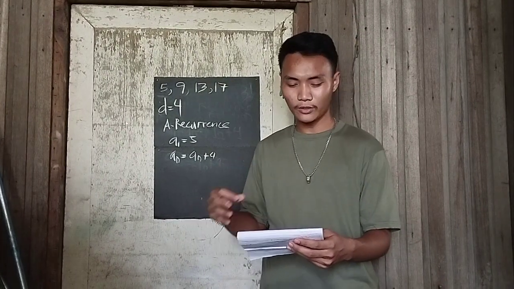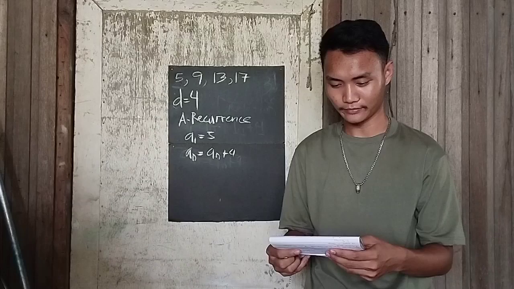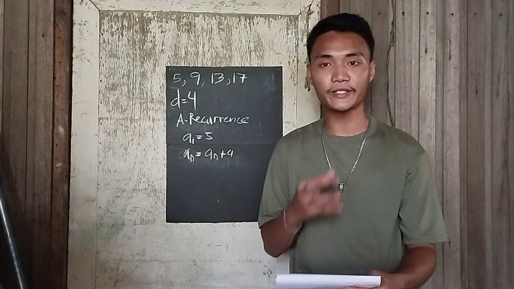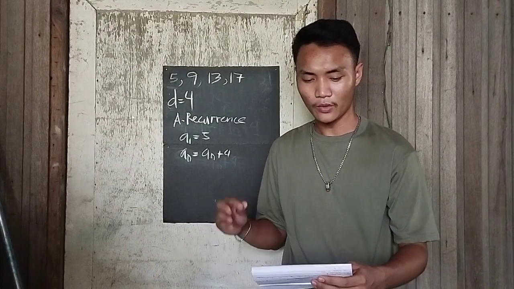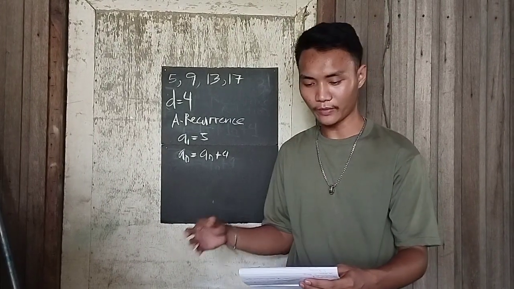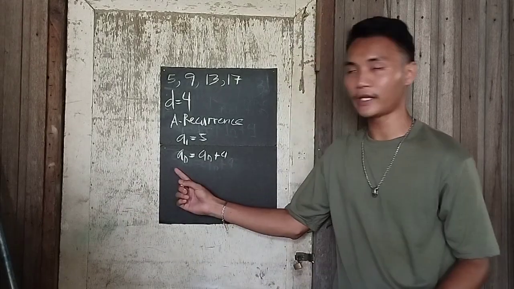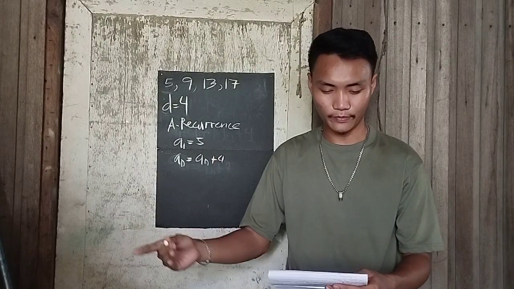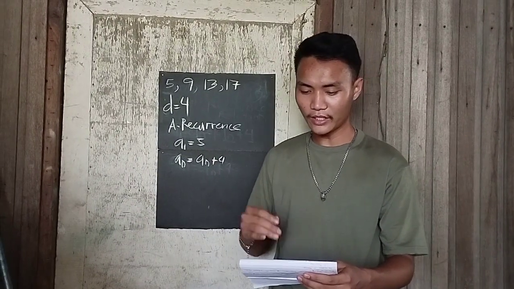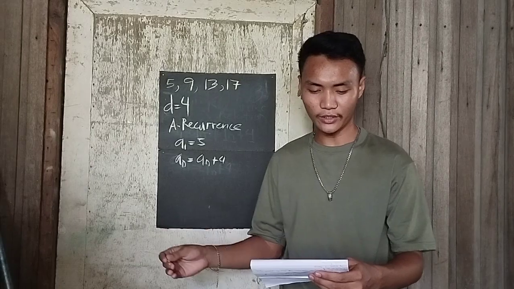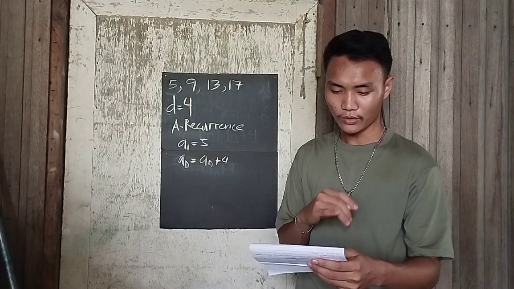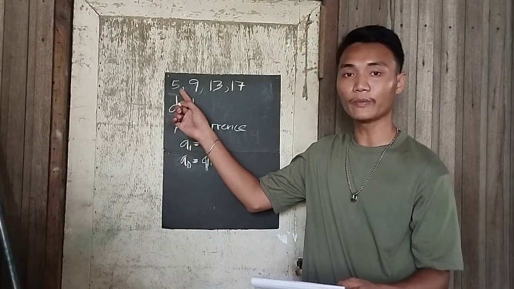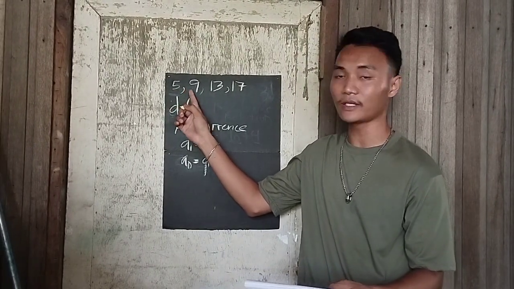For example, we get the second term using the recurrence relation. For a sub 2, the previous term of the second term is 5.